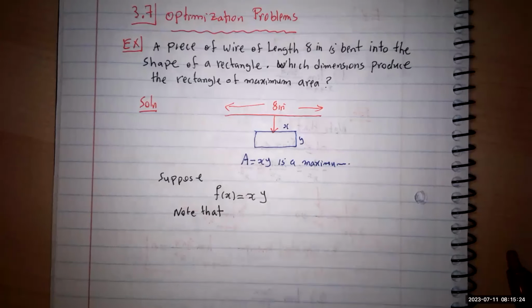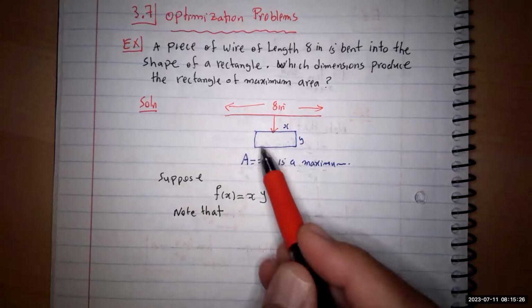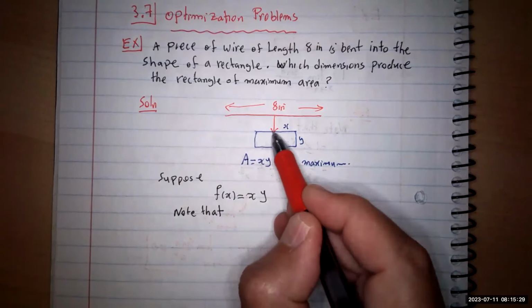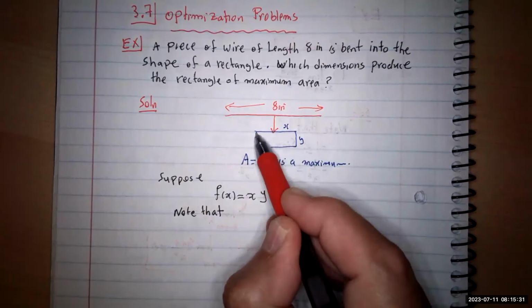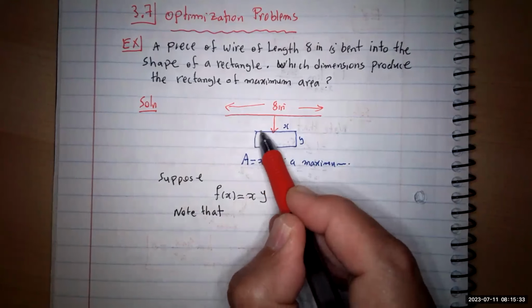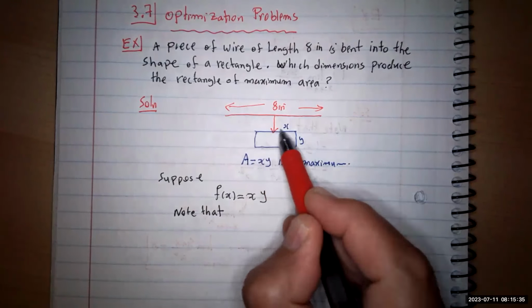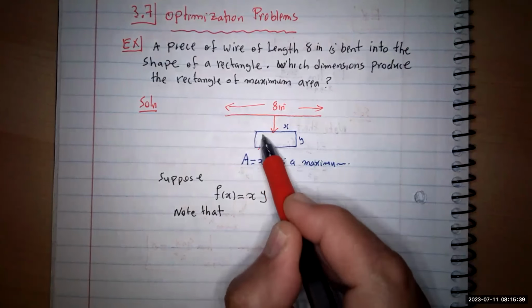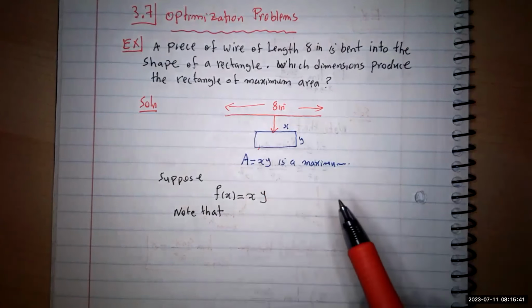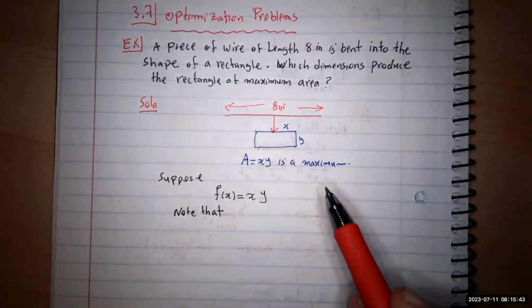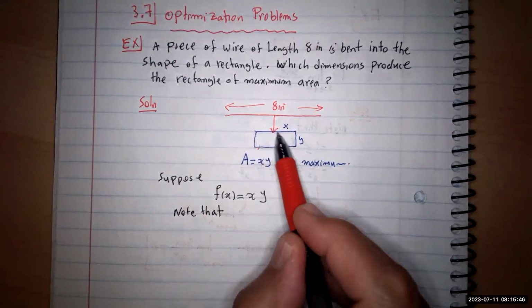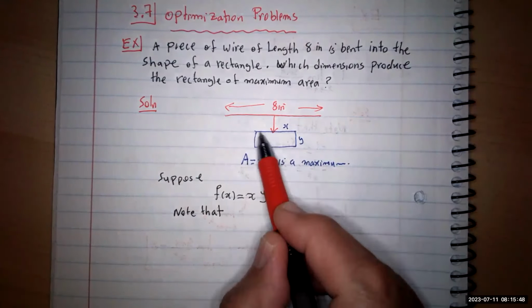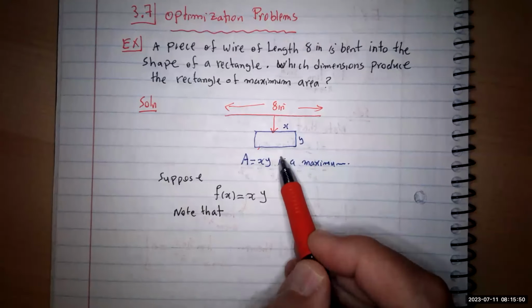Where did you use the 8? You see, the 8 is here. If you go around a rectangle, what do you call this number? Any suggestion? If you add all the sides of a rectangle, that would be the perimeter.